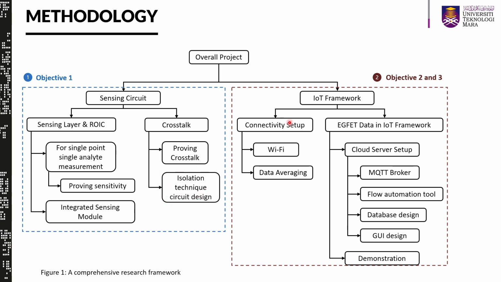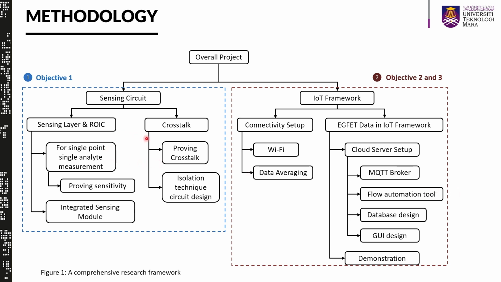The second part of the research framework focuses on the setting up of the IoT framework with Wi-Fi connectivity using a microcontroller. This step involves configuring the Wi-Fi connectivity module within the microcontroller to facilitate seamless data exchange between the device and the server. The sensor's output data is averaged first with the ESMA averaging technique before being sent to the server via MQTT protocol.